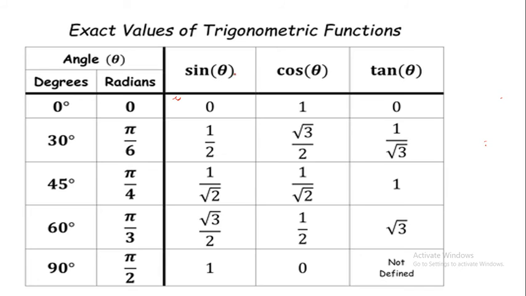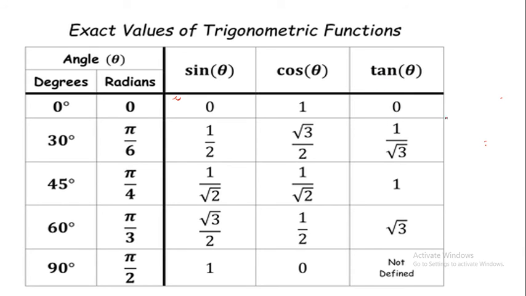First you learn sin theta, cos theta, and tan theta. If you learn these three, you can easily understand the reciprocals of these three. If you want cosecant theta, you just take the reciprocal of sin theta. For secant theta, the reciprocal of cos theta, and for cot theta, the reciprocal of tan theta.